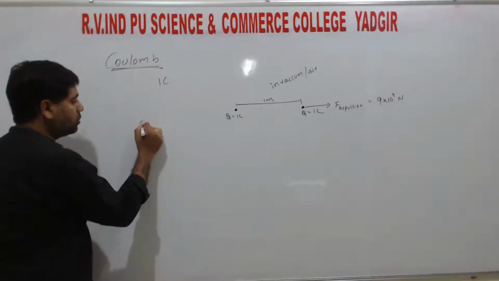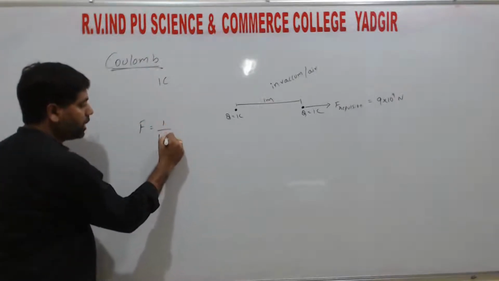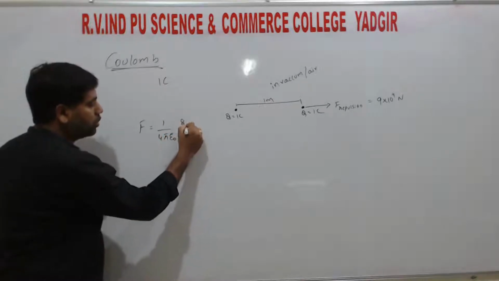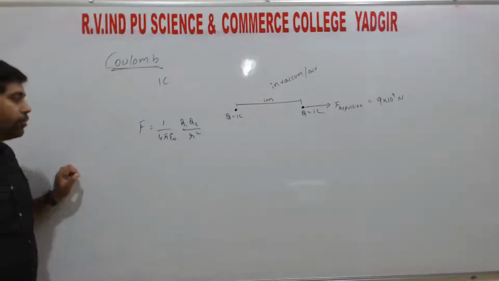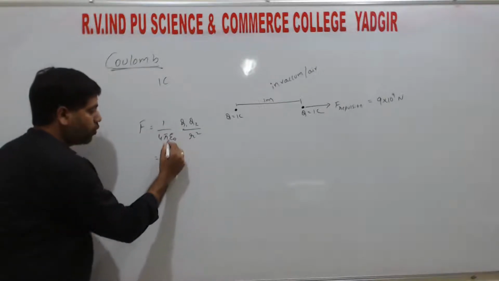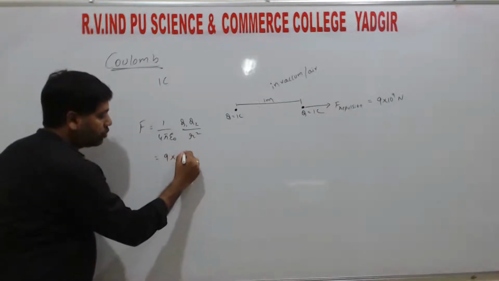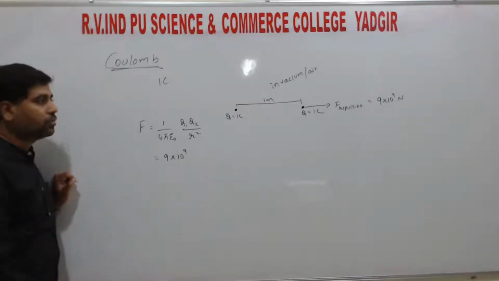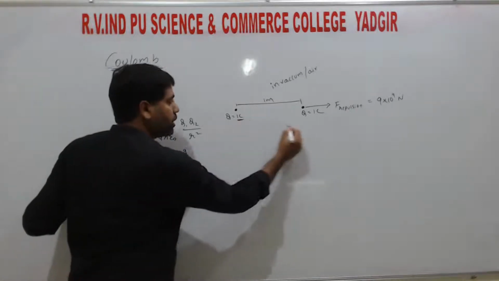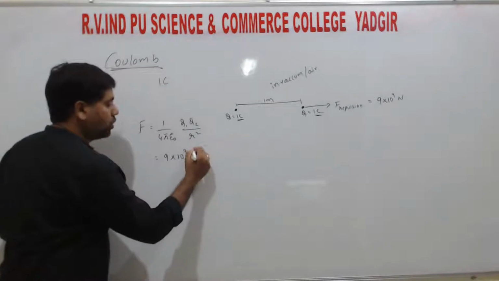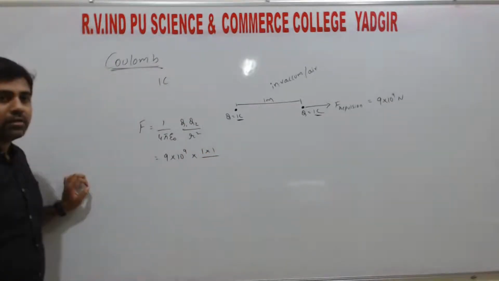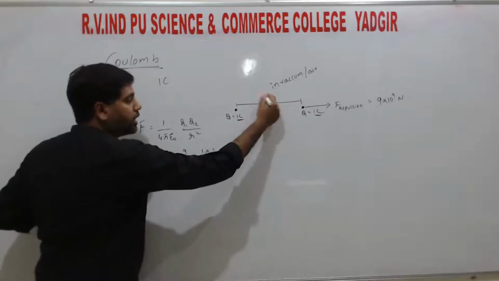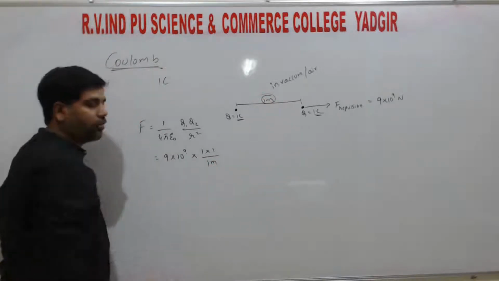We have F equals 1 divided by 4 pi epsilon naught, Q1 Q2 divided by R square. We know the value of 1 divided by 4 pi epsilon naught is 9 into 10 to the power of 9. Here the given condition is Q is 1 Coulomb and here also 1 Coulomb, so 1 into 1 divided by, since these two charges are separated by a distance of 1 meter.